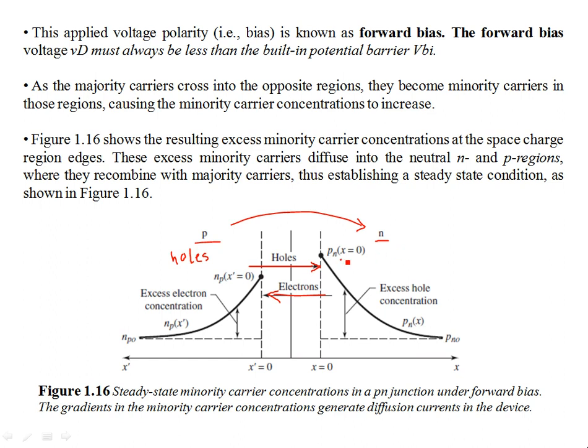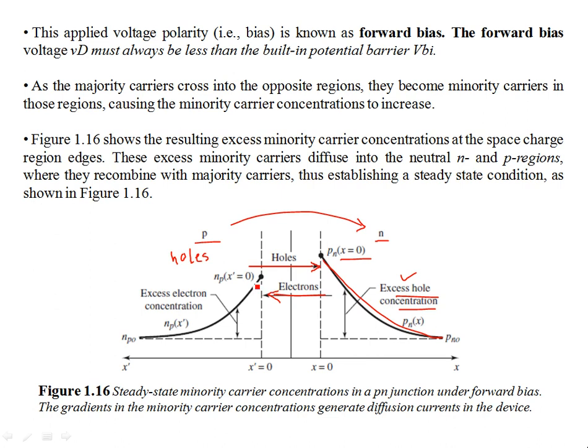So the concentration of the holes increases in the n-type semiconductor region, and what happens then is that you have some recombination with the majority carriers. So in equilibrium state, the concentration of these excess holes, which are the minority carriers, decreases.